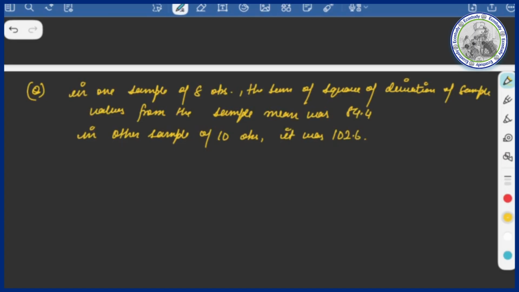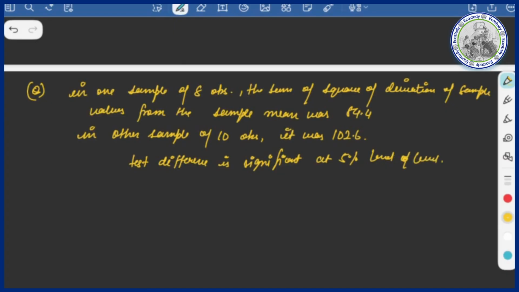Test whether the difference is significant or not at 5% level.